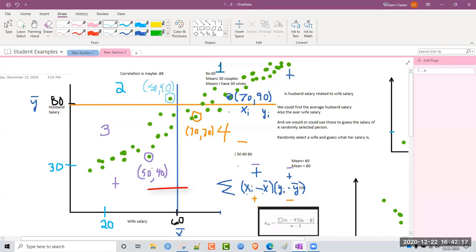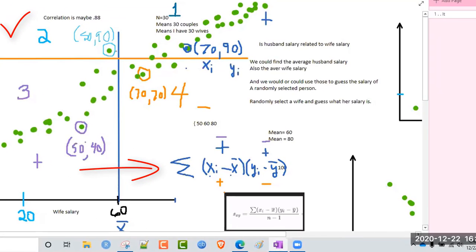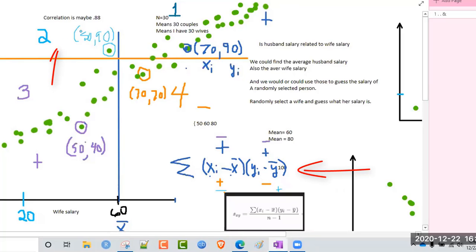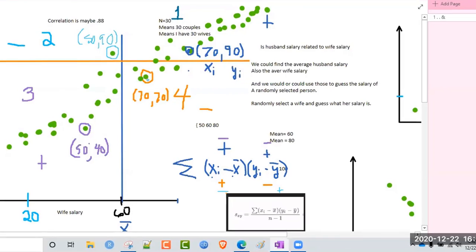So now when we do this calculation for a dot in this quadrant, we're going to get 50 minus 60 is going to be a negative, but 90 minus 80 is going to be a positive. So that's going to be a negative times a positive here, and that's going to give us a negative contribution. So if a dot is in this region, it's going to give a negative contribution.